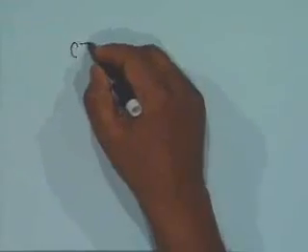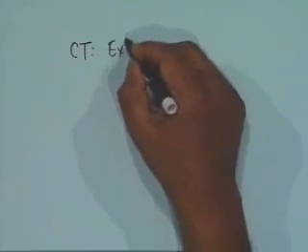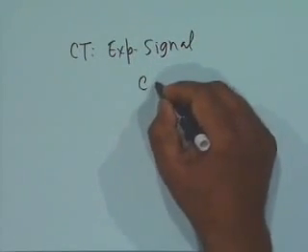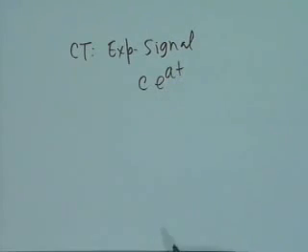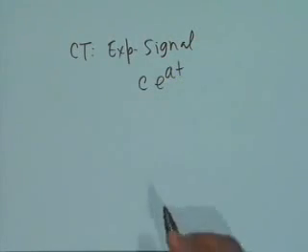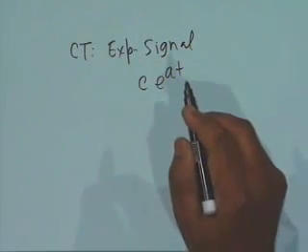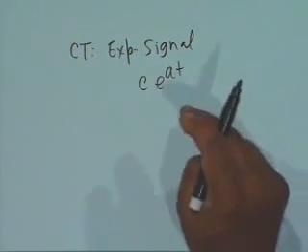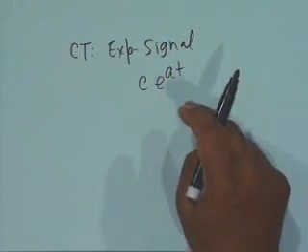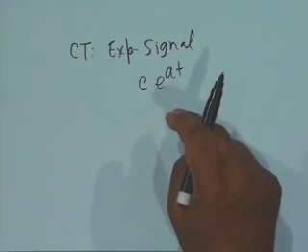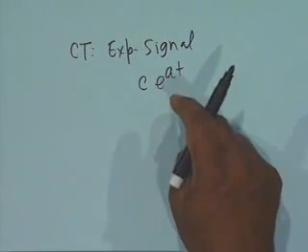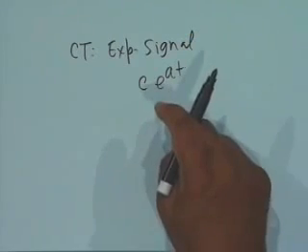Now, if you remember, we have been on the exponential signal, and we said it's in general of the form c e to the at. We considered c to be real so far. A could either be real, positive or negative. We have also considered A as purely imaginary.